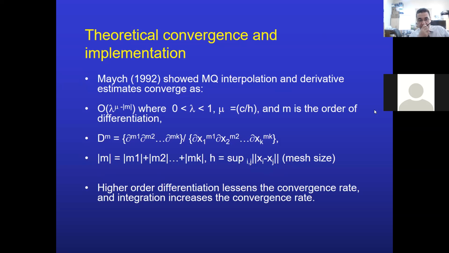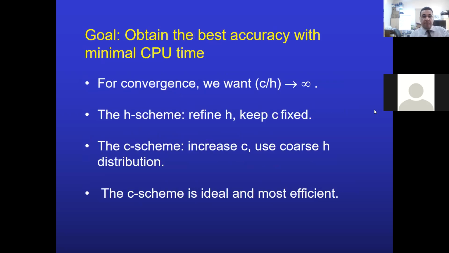If you use antiderivatives, the convergence rate increases faster. So higher order differentiation lessens the rate of convergence, and integration increases the rate of convergence. Next, please.